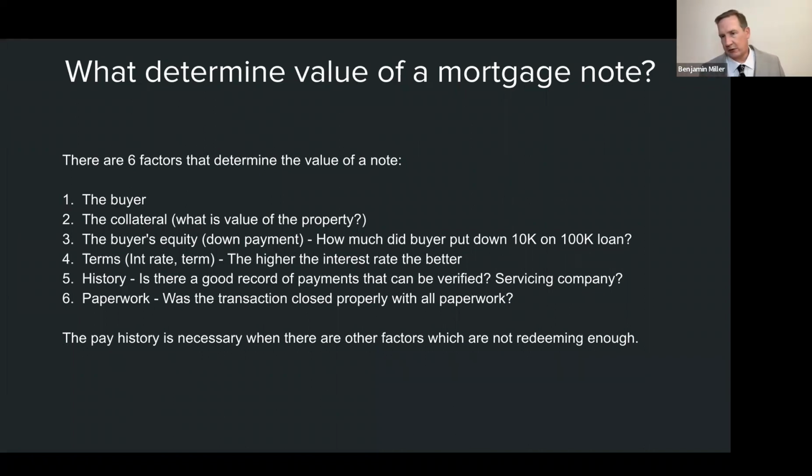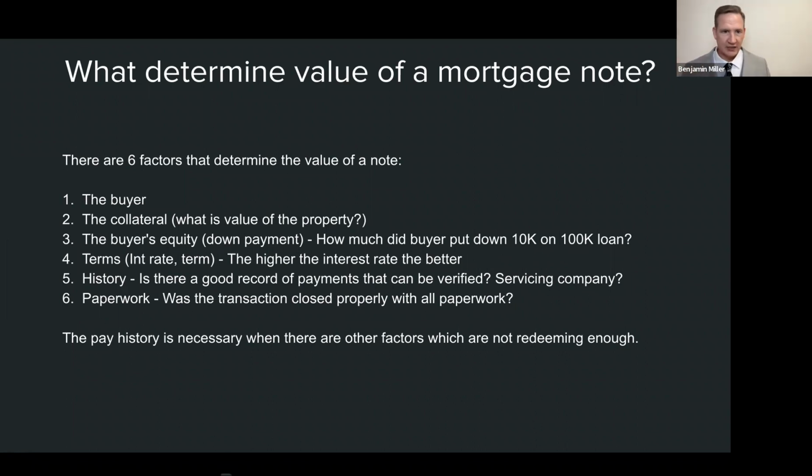The next factor that drives value, the sixth factor, is the actual legal paperwork, if it was done properly. Because if you have a note that was just two guys sitting around a kitchen table who worked out a deal and wrote it up without a lawyer, where they just wrote up an agreement and signed it, that is less valuable because the note likely has mistakes.